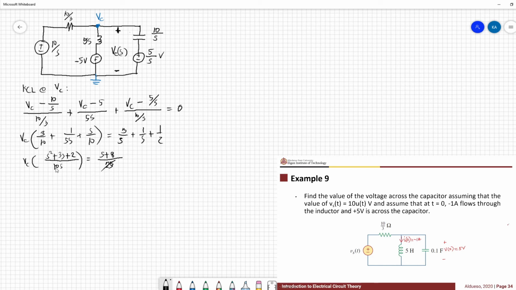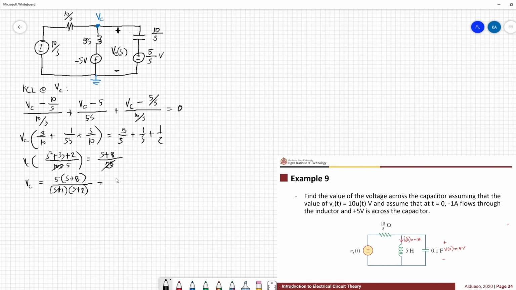So this cancels out, becomes 5. Our expression for VC is equal to 5 times S plus 8 over S plus 1 times S plus 2.